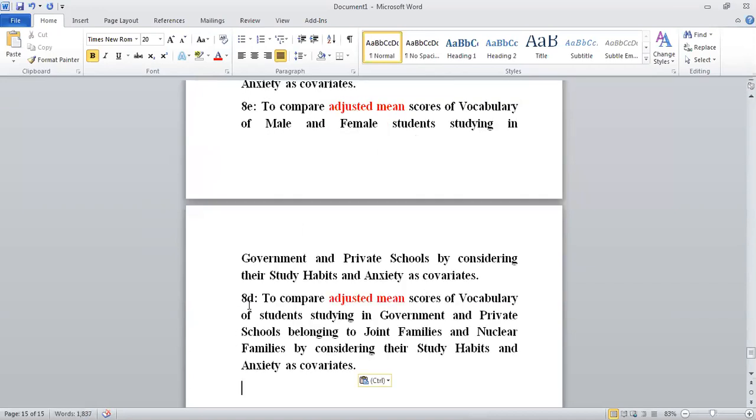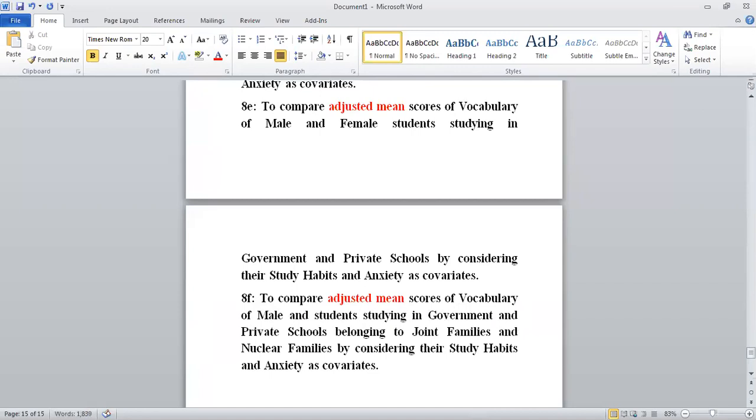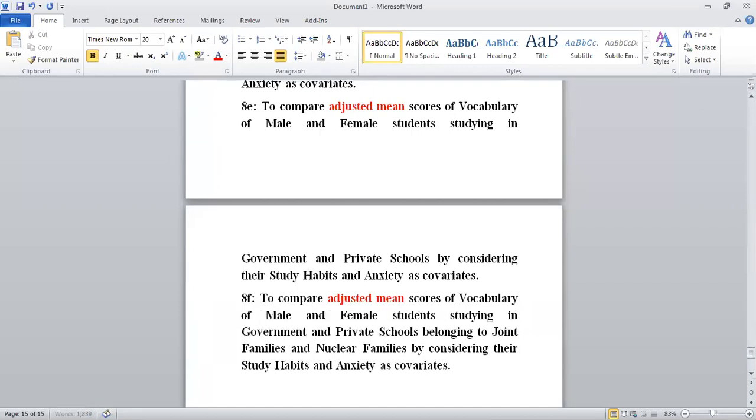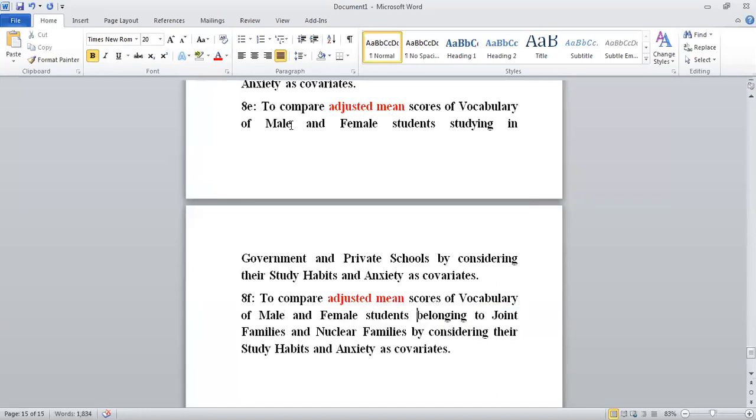Now 8F is to compare adjusted mean scores of vocabulary of male and female students belonging to, here I've said to compare adjusted mean scores of vocabulary of male and female students studying in government and private school.